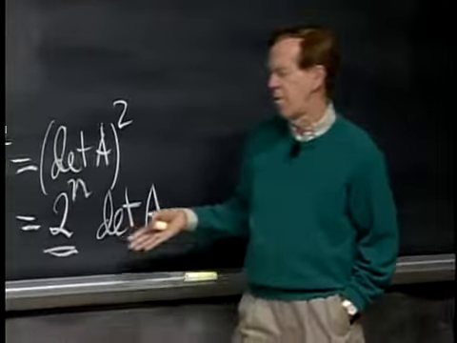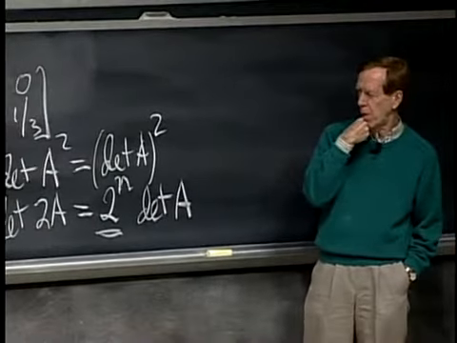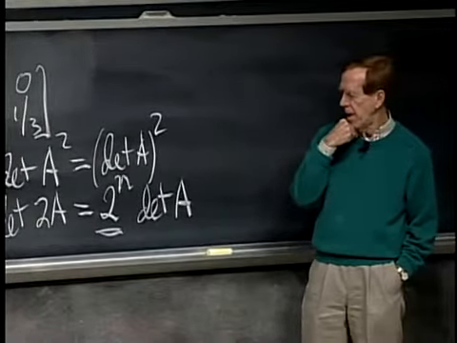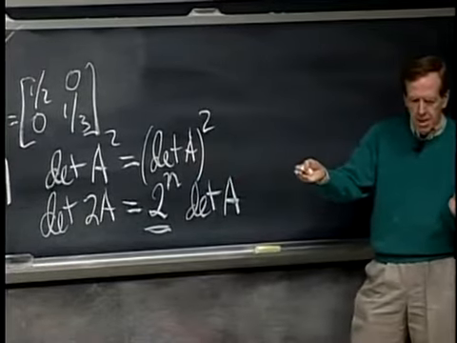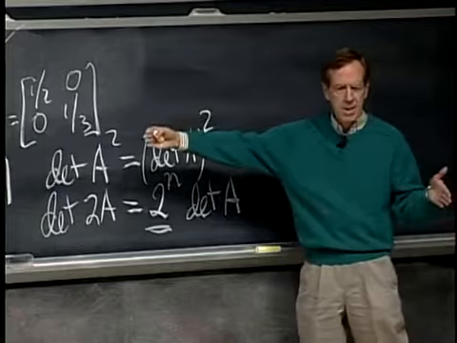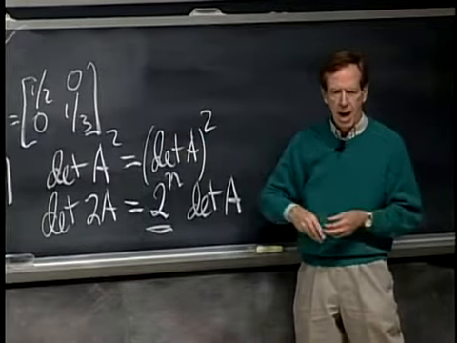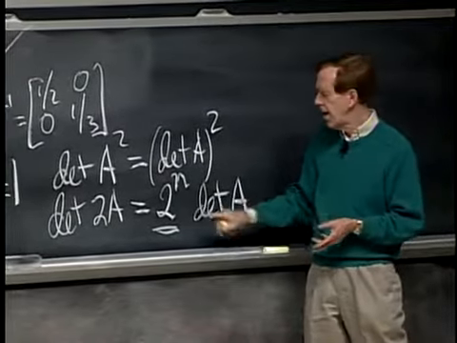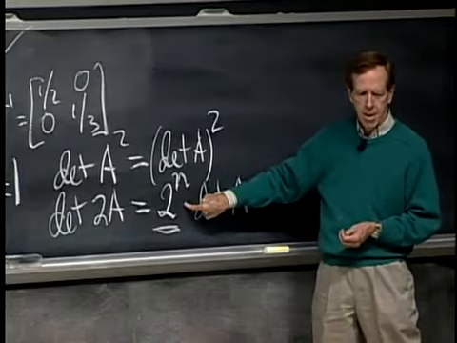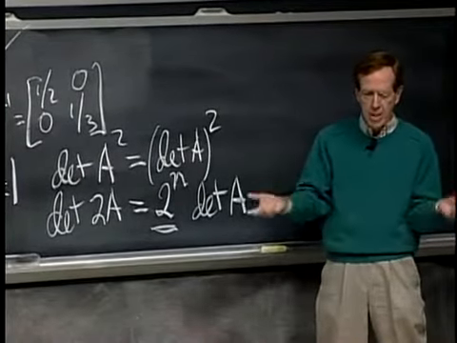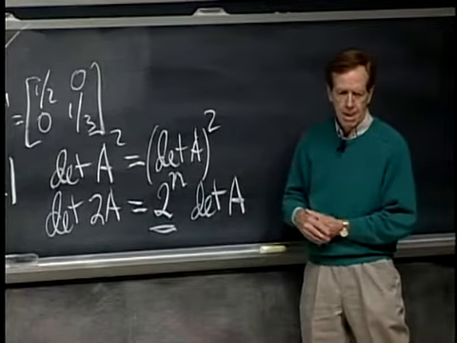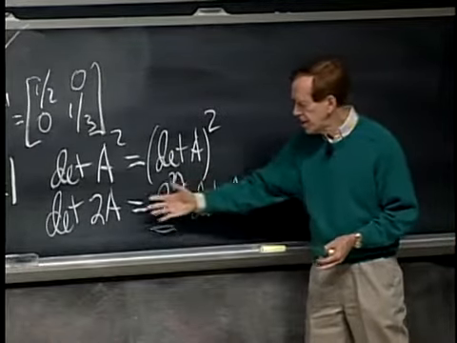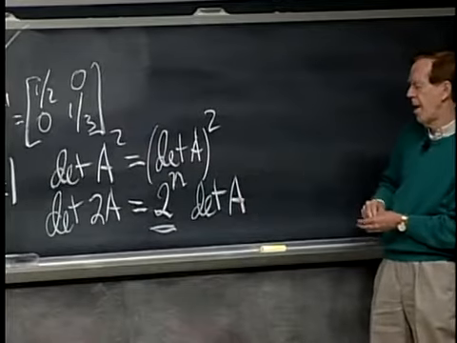It's like volume, really, and that's one of the great applications of determinant. If I have a box and I double all the sides, I multiply the volume by 2 to the nth. If it's a box in 3 dimensions, I've multiplied the volume by 8. And this is rule 3a here.